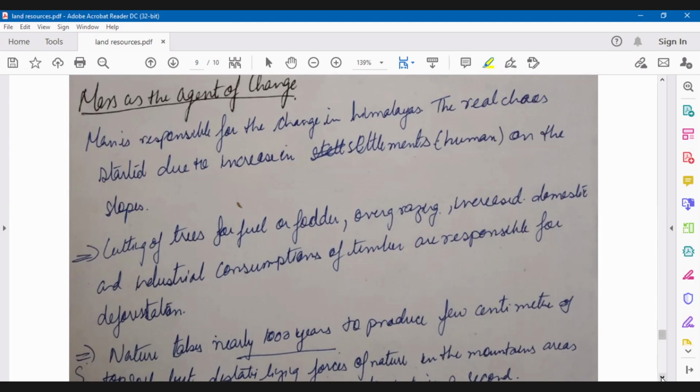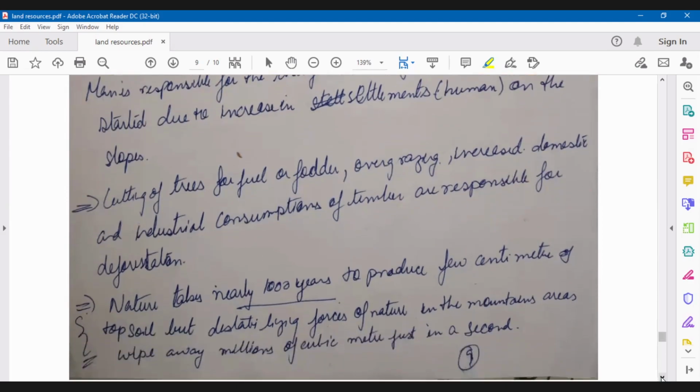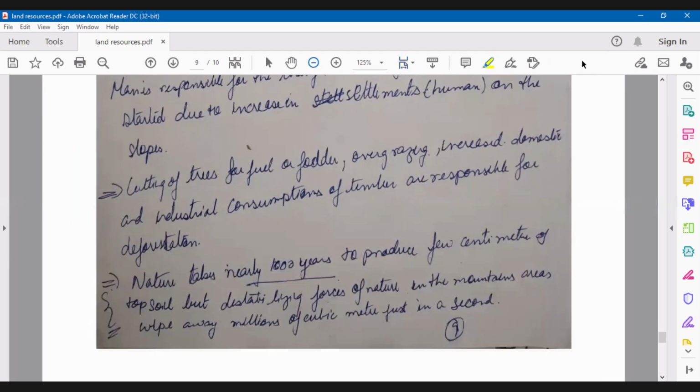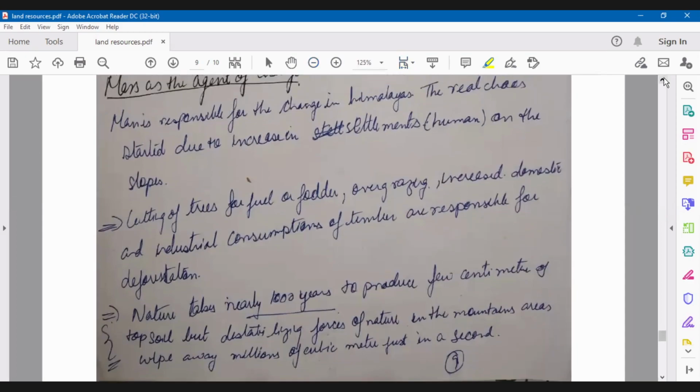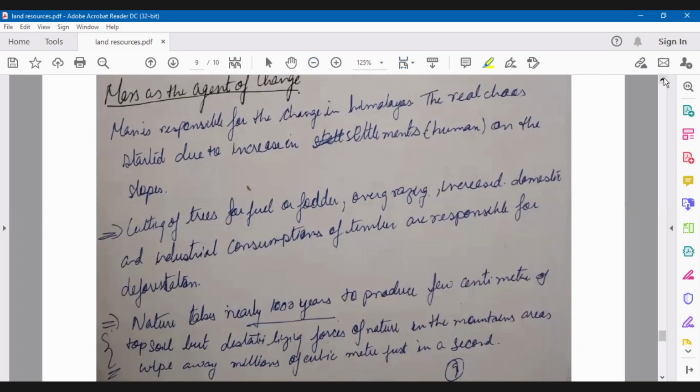So man is directly or indirectly degrading the earth and misusing natural resources. In order to save this planet, it's man who has to take steps. Human beings are responsible, so they need to consciously take steps.